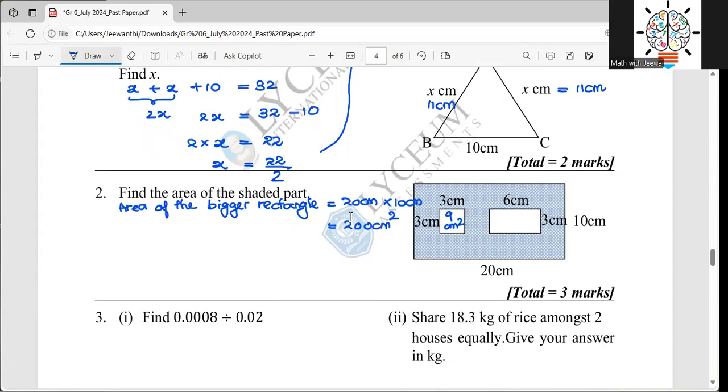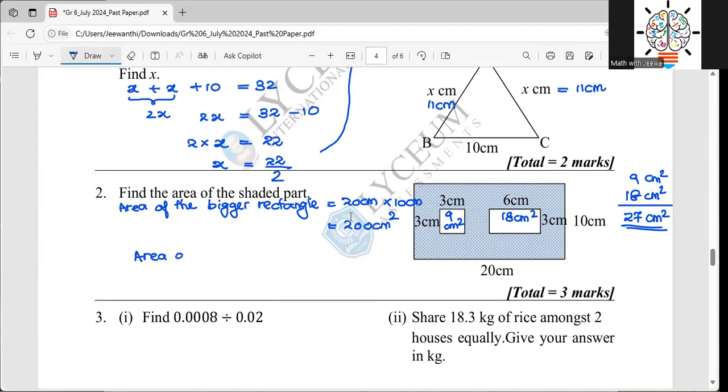How do I get this? 3 times 3. And what is the area of the smaller rectangle? 6 times 3, 18 centimeters squared. Altogether, when I add 9 centimeters squared and 18 centimeters squared, what will be the answer? 18 and 9, that becomes 27. 27 centimeters squared.